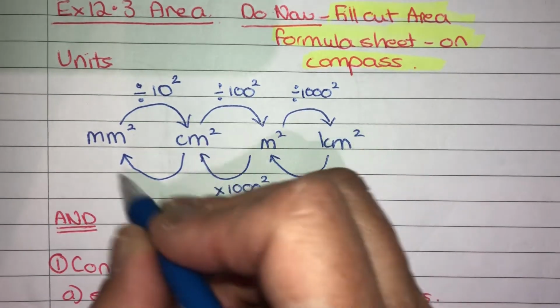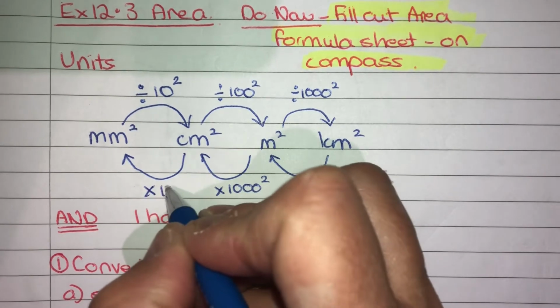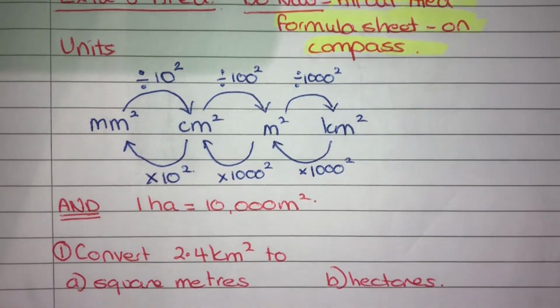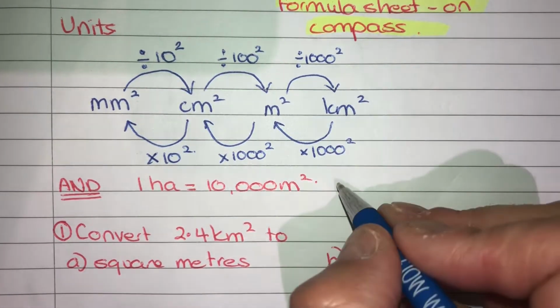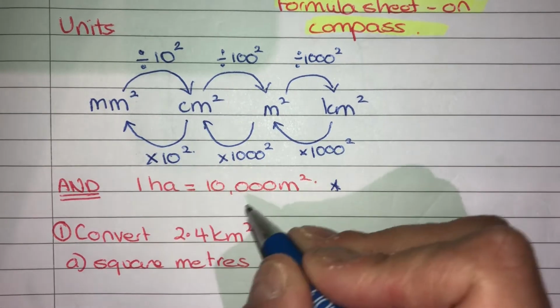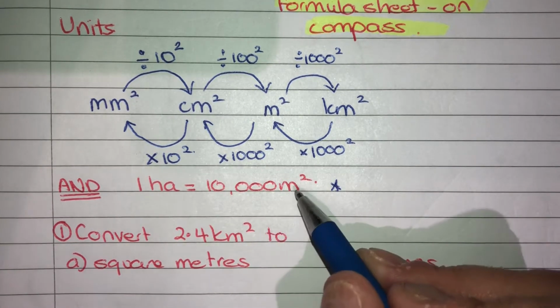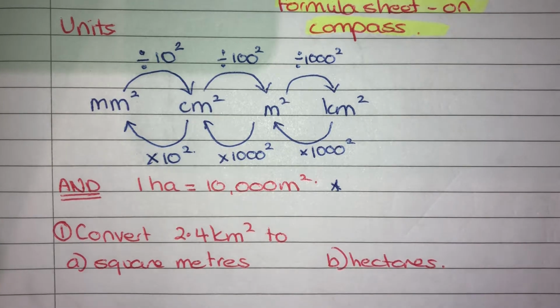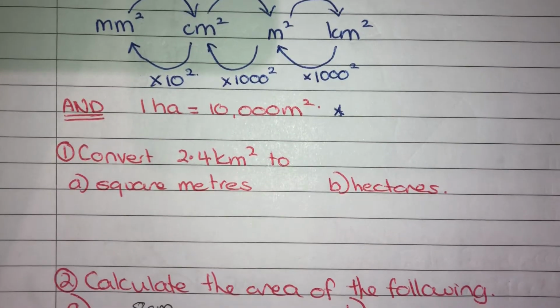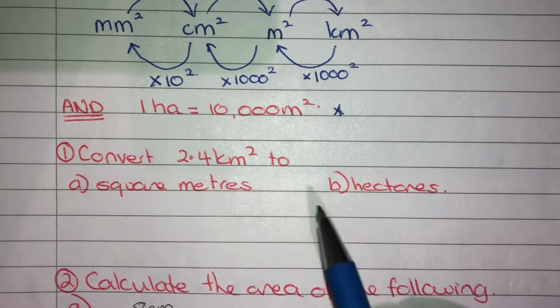And to get from centimetres to millimetres, we're going to multiply by 10 squared. And the other thing that you need to know this year is that 1 hectare is worth 10,000 square metres, or metres squared.